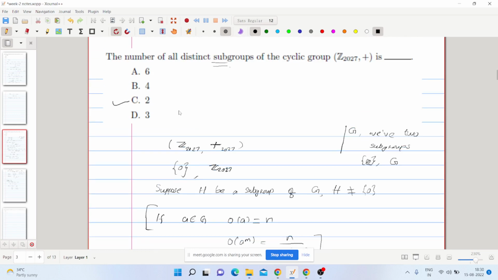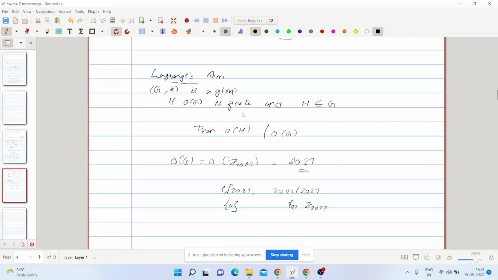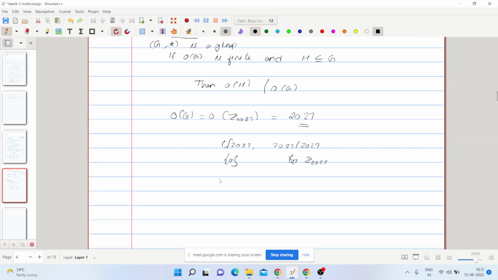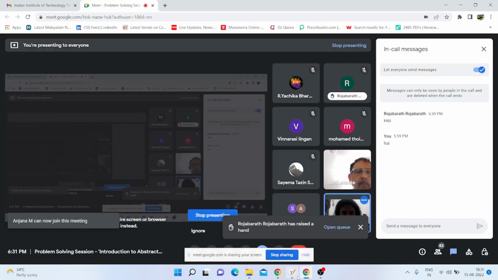But before studying Lagrange's theorem, we can explain this problem like this also. Is this okay? Okay, ma'am. If you feel any difficulty, you can just use Lagrange's theorem. Anyhow, you will learn it next week. If anyone has any doubt, you can ask.